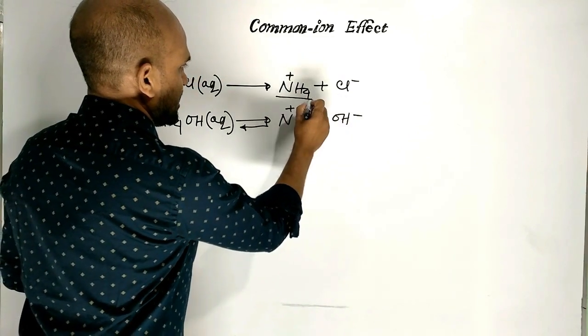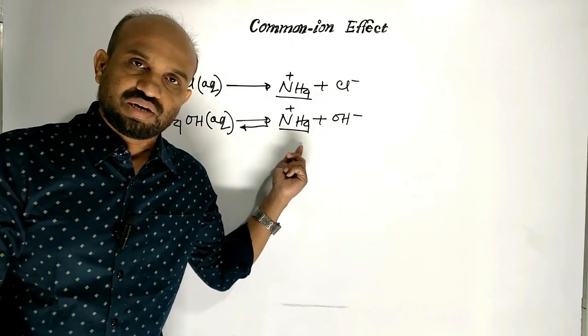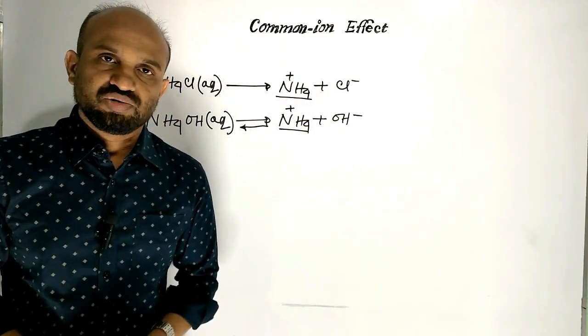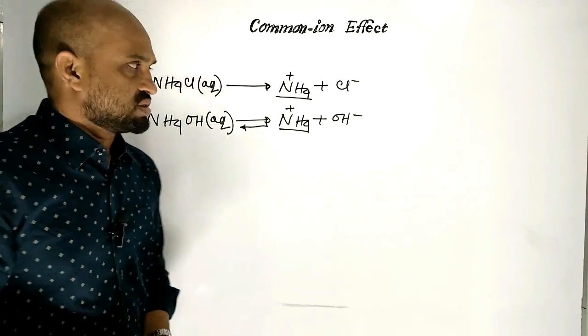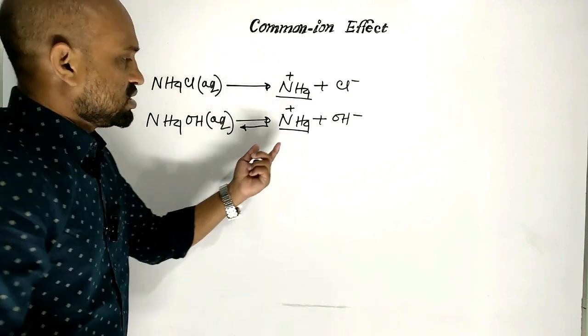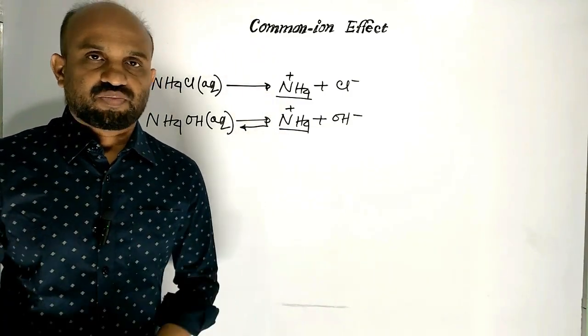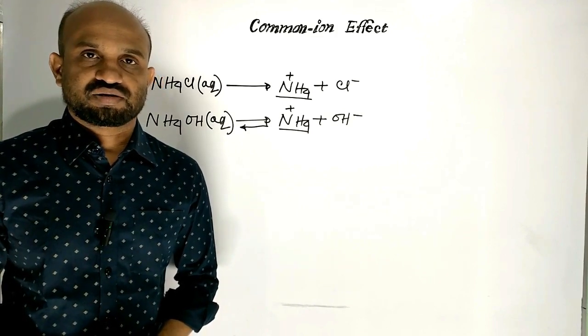Here, ammonium ion is common. Two electrolytes that produce the same ion; this ion is known as common ion. Now let us see the effect of common ion, which is known as common ion effect.